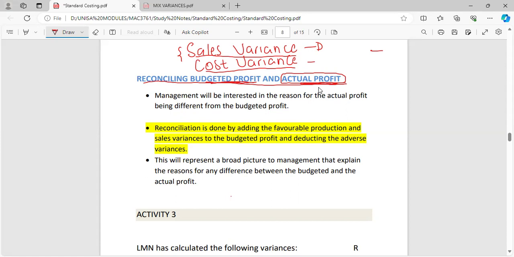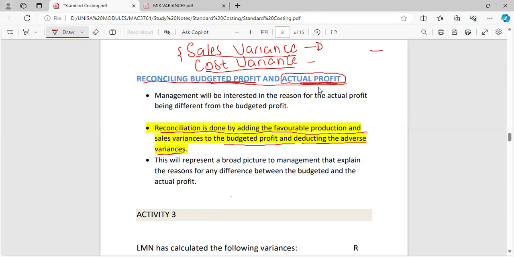So when you are doing your reconciliation, it's very easy. The reconciliation is done by adding the favorable production and sales variance to the budgeted profit and deducting the adverse variance.